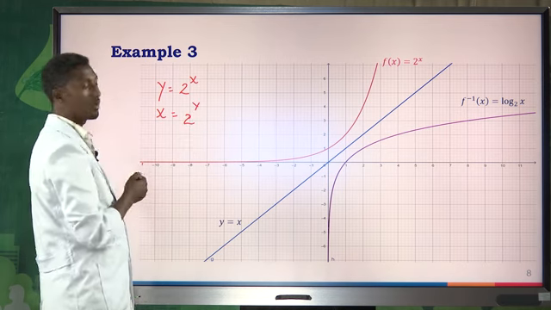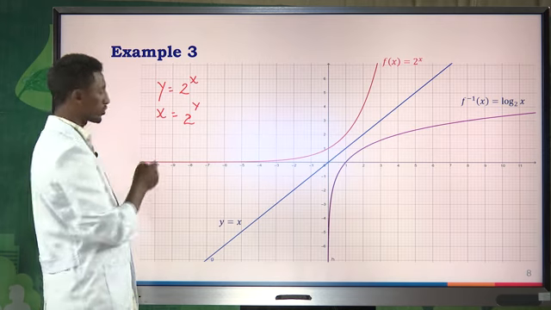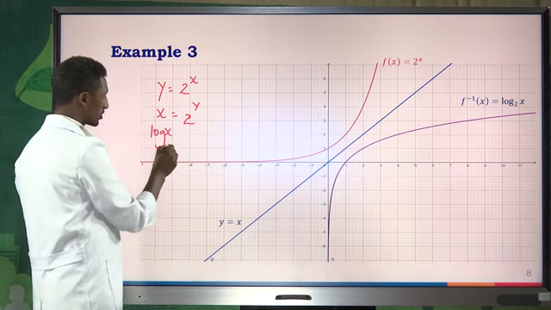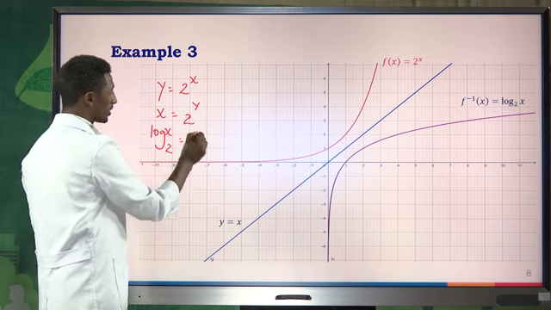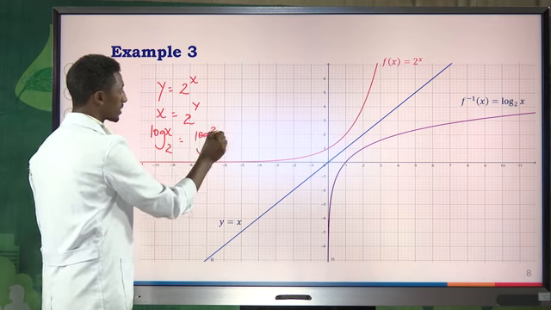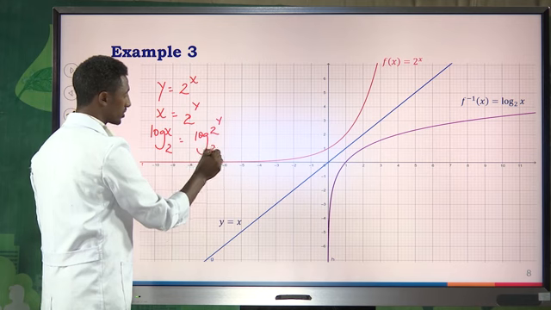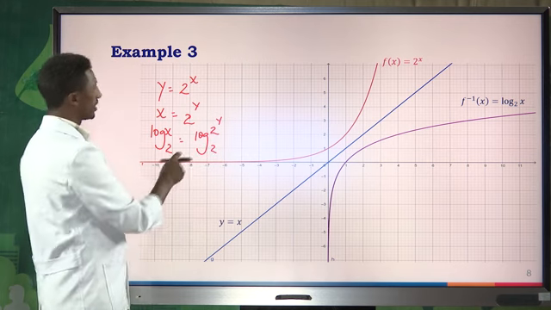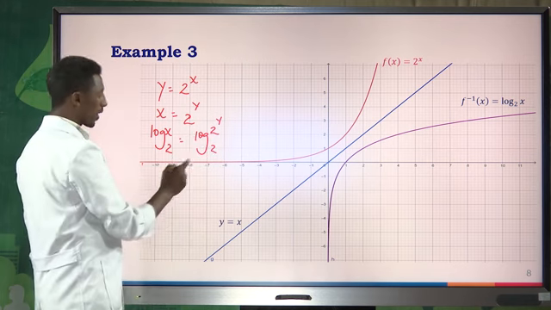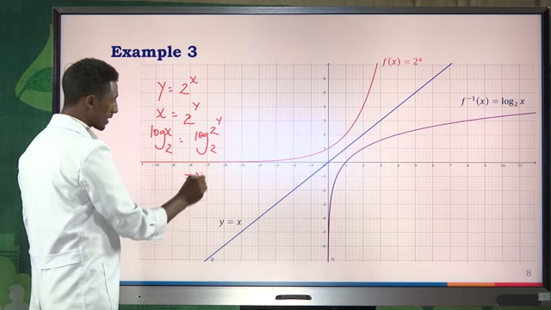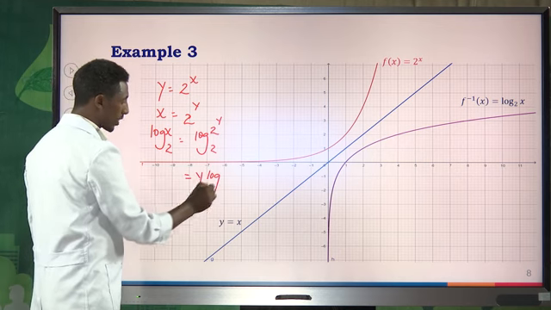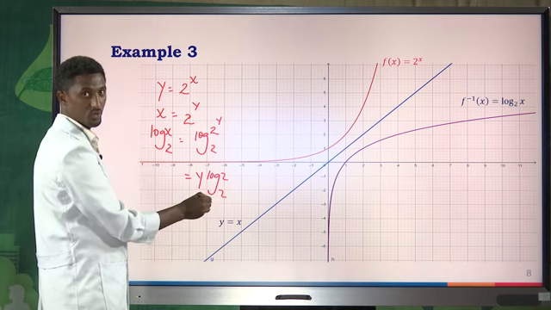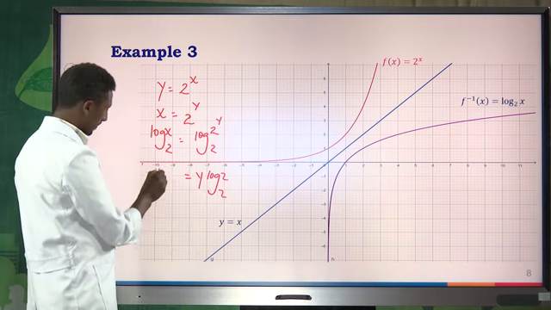If we take logarithm of both sides to base 2, logarithm of x to base 2 equals logarithm of 2 to the power of y to base 2. If you remember a law of logarithm, logarithm of 2 to the power of y equals y times logarithm of 2 to base 2. But logarithm of 2 to base 2 is equal to 1.